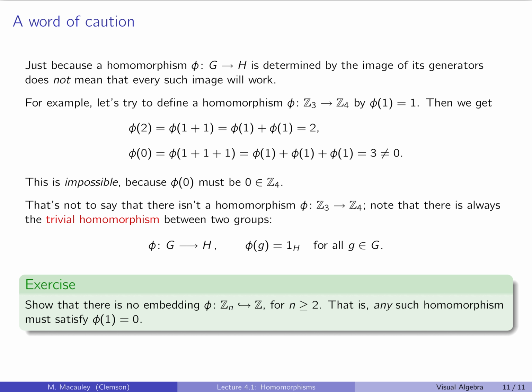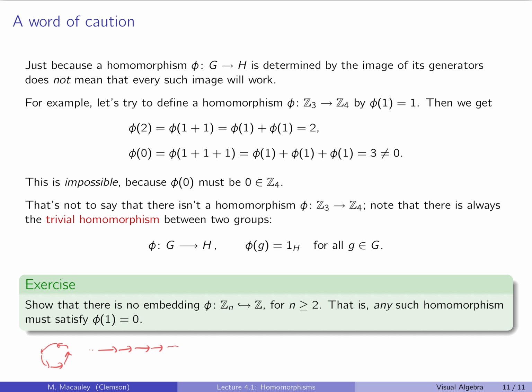In other words, it's the trivial homomorphism. And this should make sense because the finite cyclic group is going to be like an n-cycle, something like this, and the infinite cyclic group's Cayley graph is going to be this infinite line, and there's no way to embed the cycle into this infinite line.